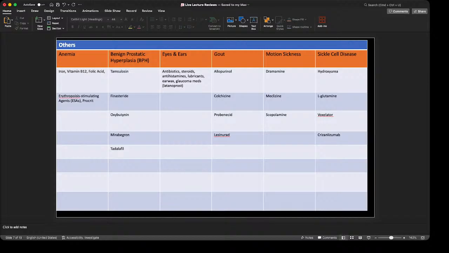The erythropoiesis stimulating agents like ESAs, that's important too, especially for someone not having very much of that. So it's important to understand these things, especially when it comes to red blood cells and white blood cells. If the bone marrow is lacking, then it's good to have these kinds of things.